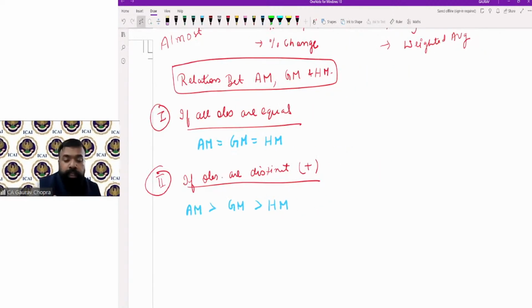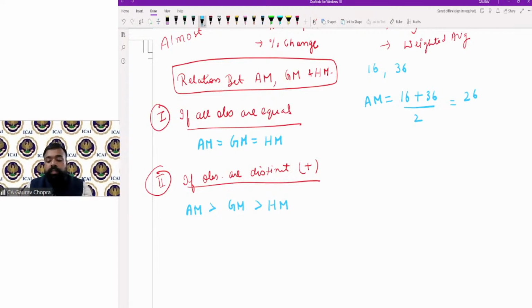So we can prove this. Let us take one example. Let's take 16 and 36. These are the two observations. So what is arithmetic mean? 16 plus 36 divided by 2. So 26. Next, geometric mean will be root of 16 and 36. It will be 24.